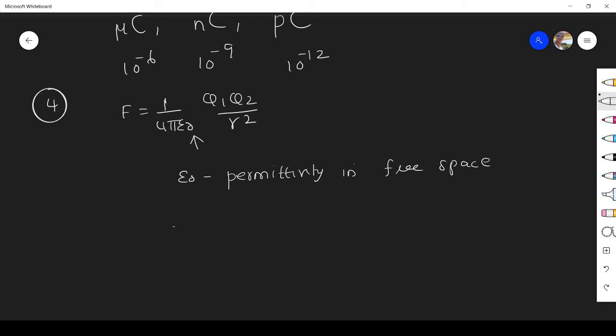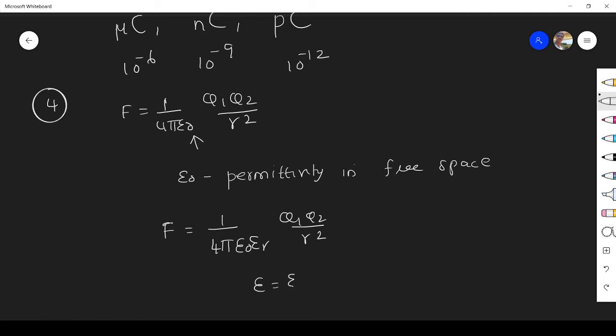But suppose they ask to find the force between two charges in water or copper or any medium other than free space. We have to use F is equal to 1 by 4 pi epsilon naught epsilon r Q1 Q2 by R square. Why?